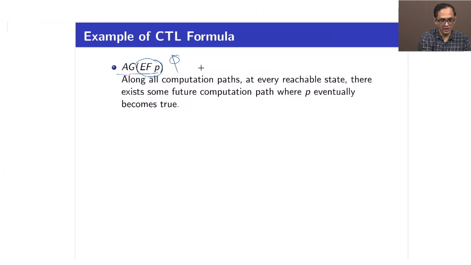What I am saying is along all paths, that is what AG means, among all paths globally, right. That means every reachable state, effectively in a path all states are reachable, right. So, AG means along all paths globally, effectively in all paths in all states. Okay. EF P is true, that means from every state there exists a future state where P holds.